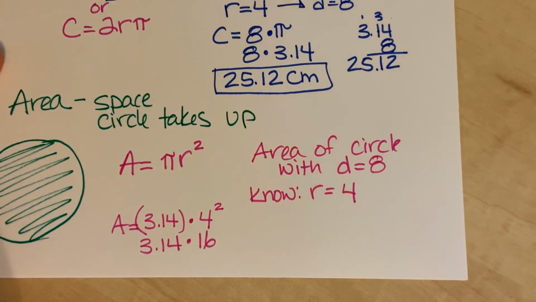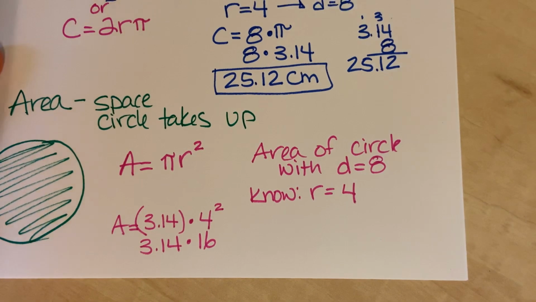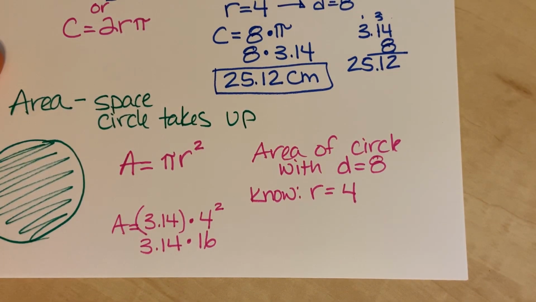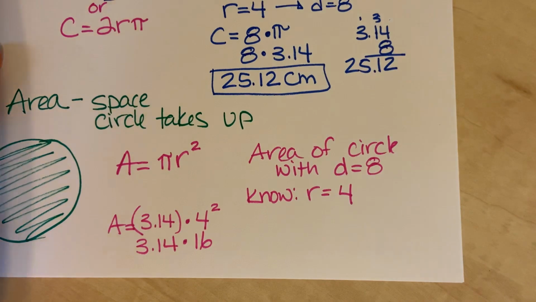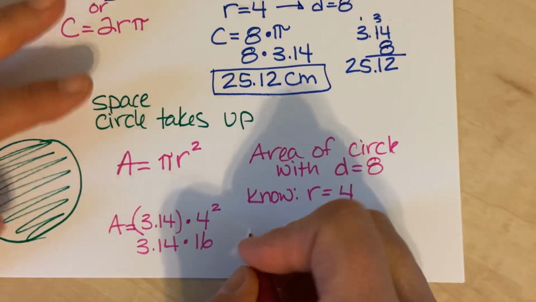This time I am going to use a calculator because I don't feel like doing that. So when I multiply that out, I get 3.14 times 16 equals 3.116. That's so not right. I didn't put it in right. Sorry. 3.14 times 16. There we go. I got 50.24.